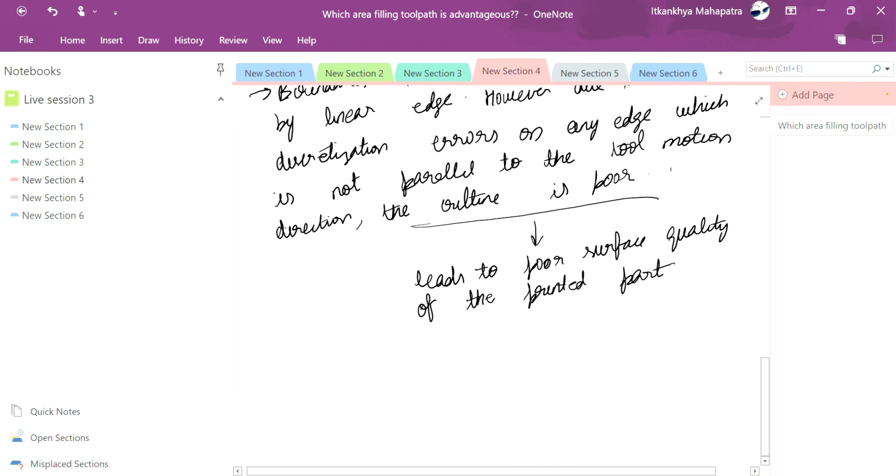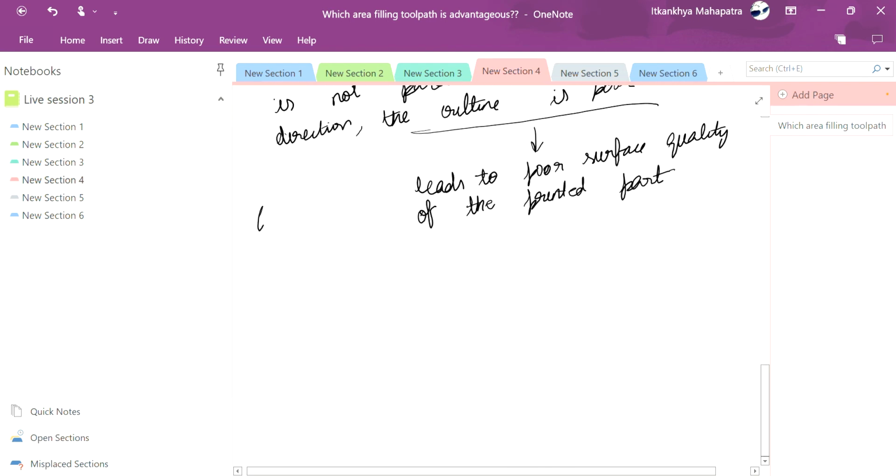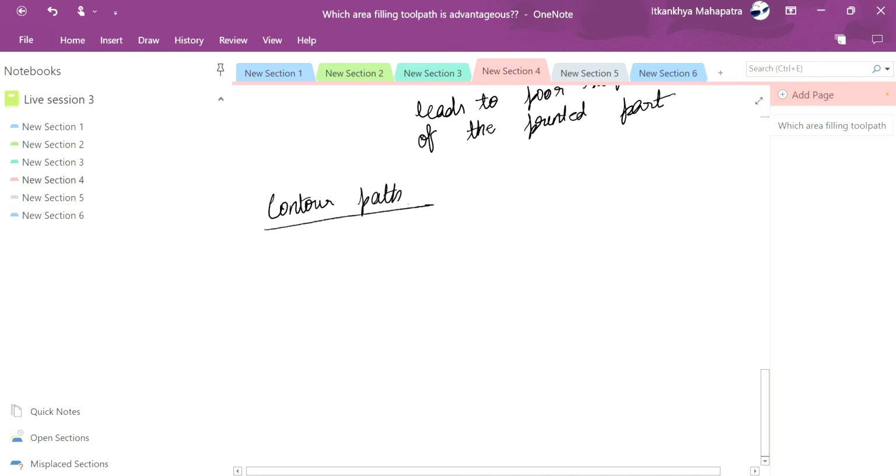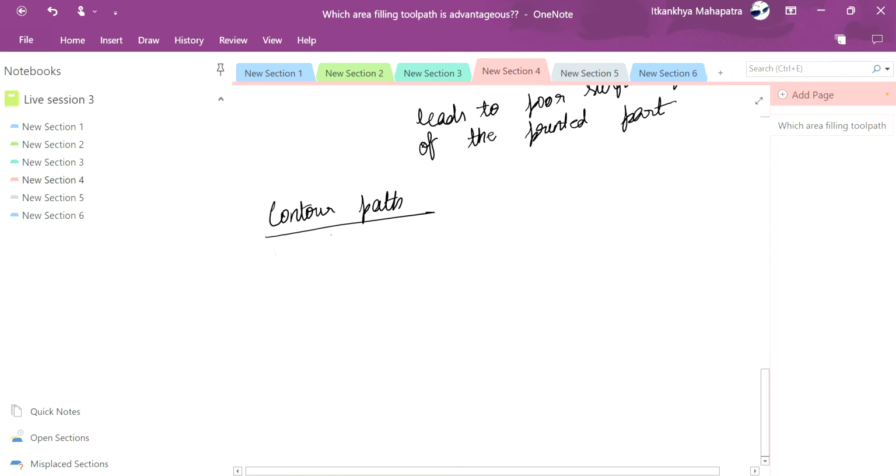Now, next is the contour path. So, till now we have discussed the raster path and the zigzag path. Now, the contour path is applied by offsetting the contour of the geometry.